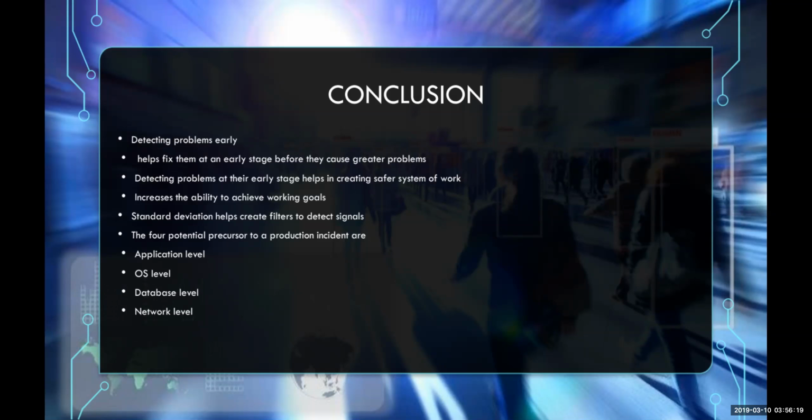Also, detecting problems at an early stage helps in creating a safer system of work, and also increases the ability to achieve working goals. We spoke about the standard deviation, which helps create filters to detect signals, and also the four potential precursors to a production incident at the application level, the OS level, the database level, and the network level.